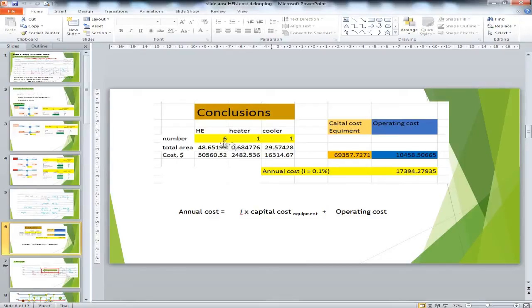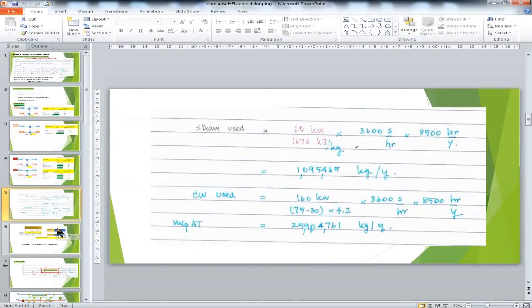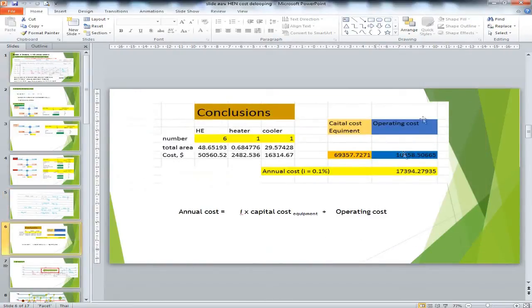So in the case of 6 plus 2, the annual cost will be equal to about $17,000 to operate a system like this. Okay. Now just leave it this way. This is the conclusion for 6 plus 2.